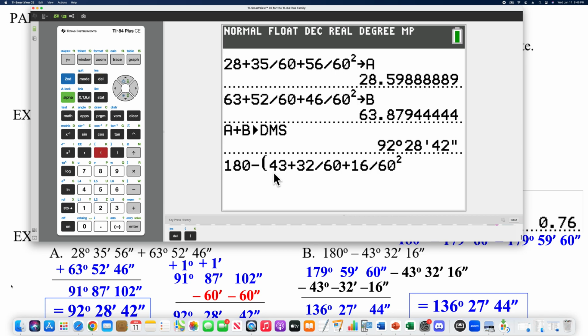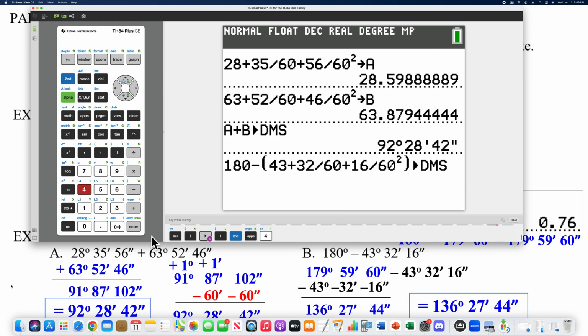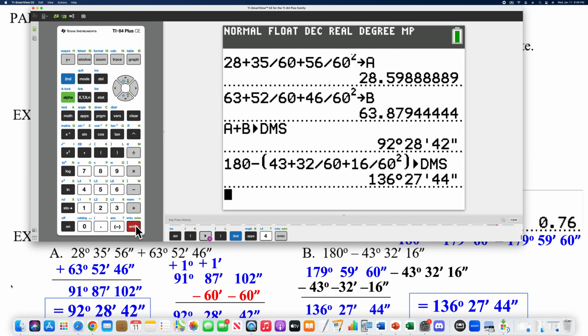That will insert the parentheses and push everything over to the right. And then I'll go to the end, close my parentheses, second angle, number 4, return my answer in DMS format, and there's my 136 degrees, 27 minutes, 44 seconds.